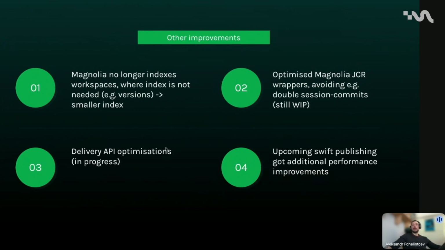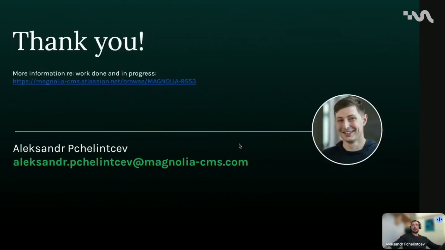We're progressing in improving our delivery APIs in the same vein, and by saving performance and resources here and there, we have managed to at least internally gain a lot of speed up in how delivery responses are generated. And transitively, content publishing also got additional improvements. So when it is released, it will be faster than in the beta and alpha versions.